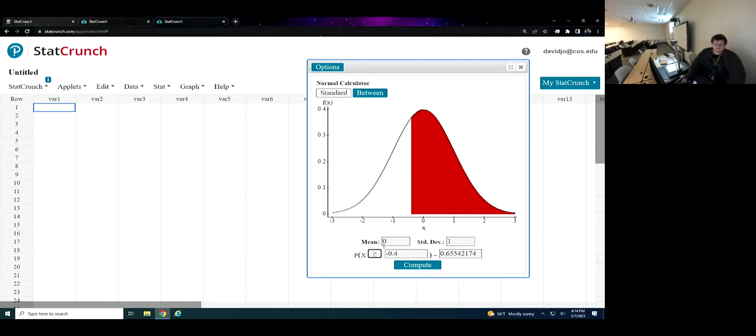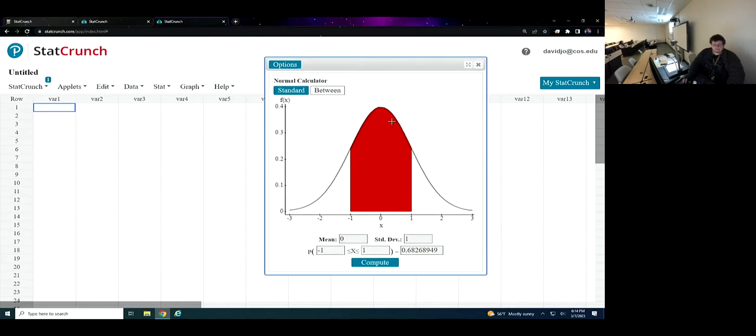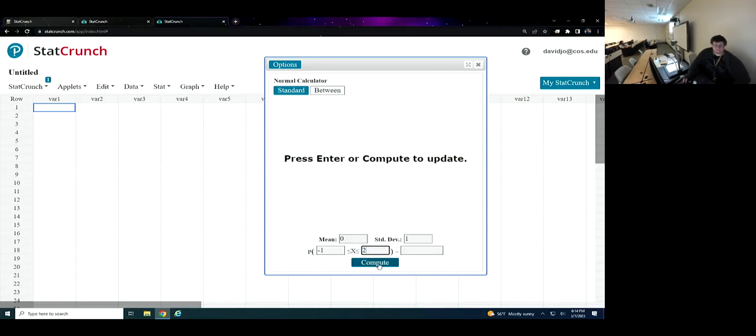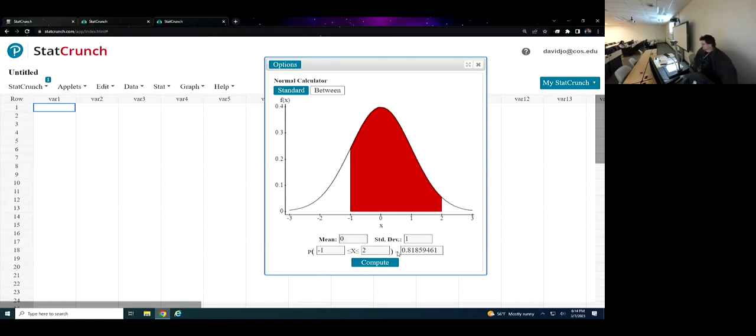The last two had between, so we'll click on between. And we start off with -1 to 2. We actually saw this a second ago. This was my IQ example. 0.81859.